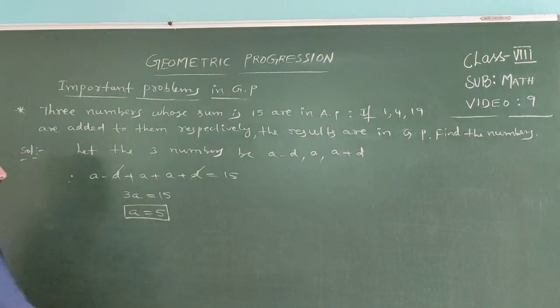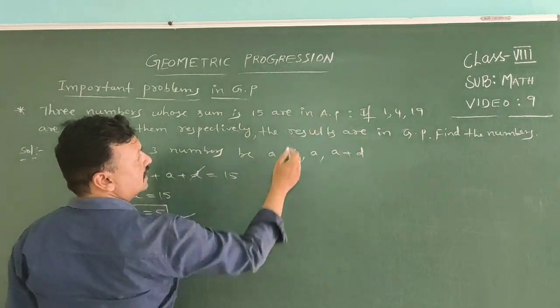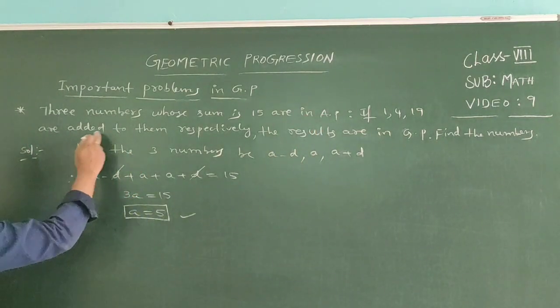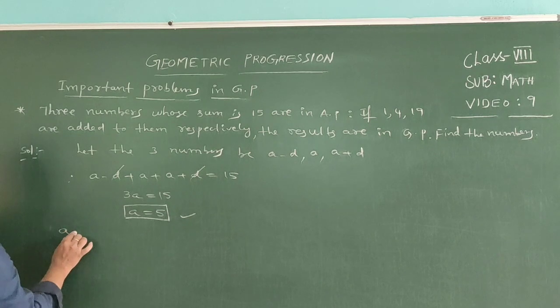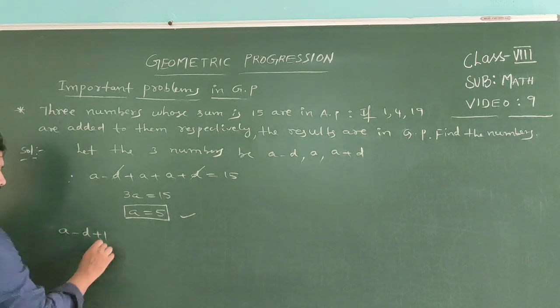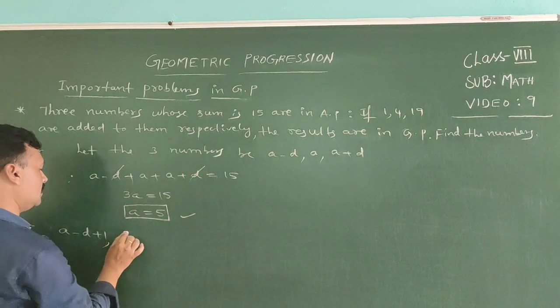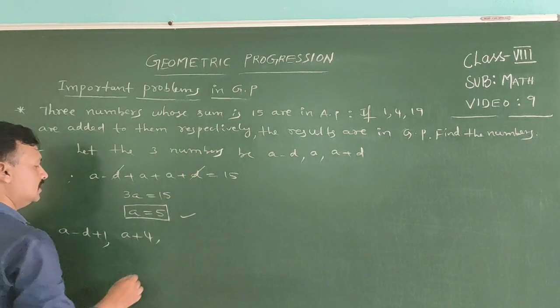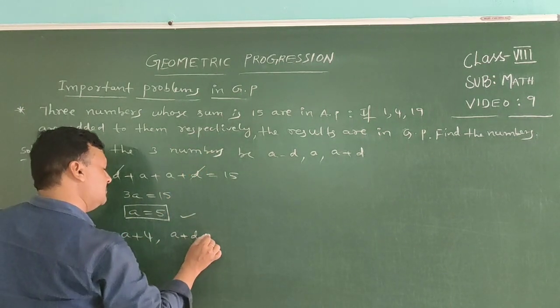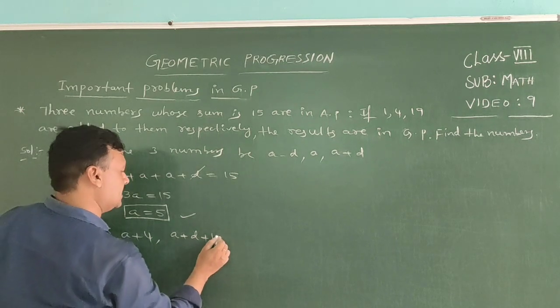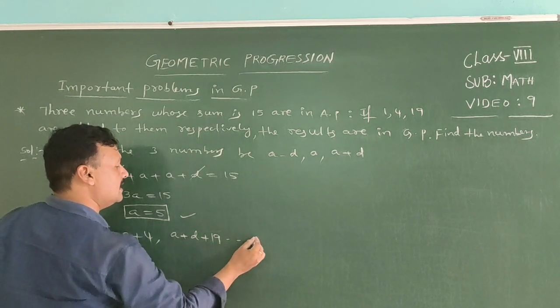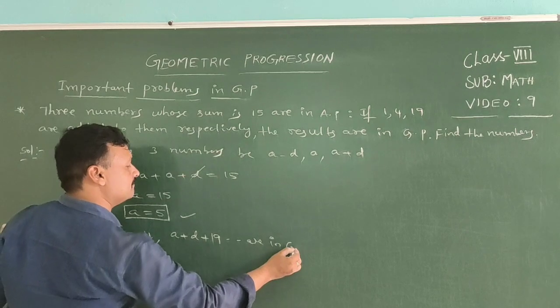Now another result they gave. If 1 is added to the first term, what is the first term here? A minus D plus 1, comma, next term A plus 4, comma, A plus D plus 19 are in GP.